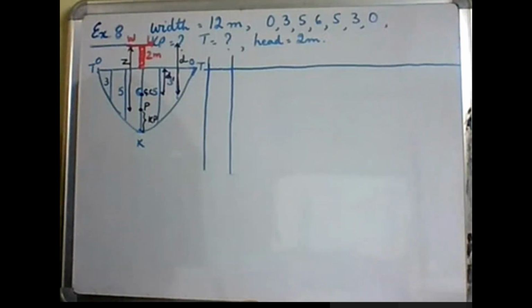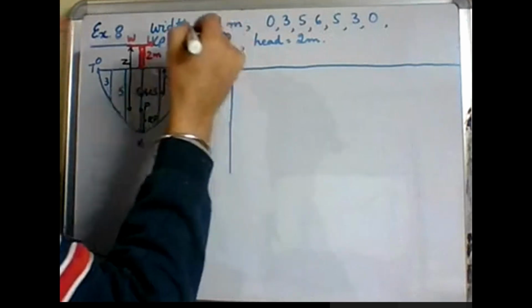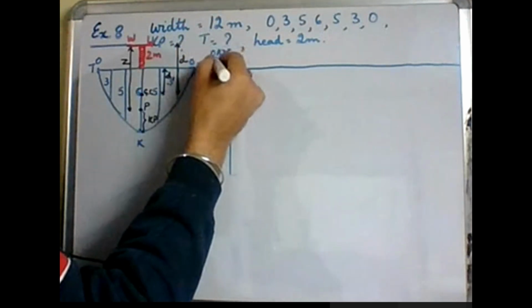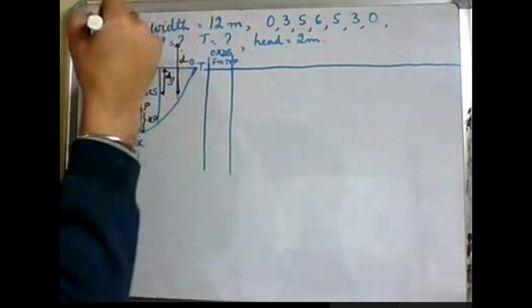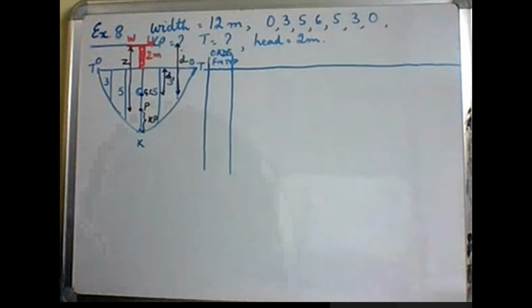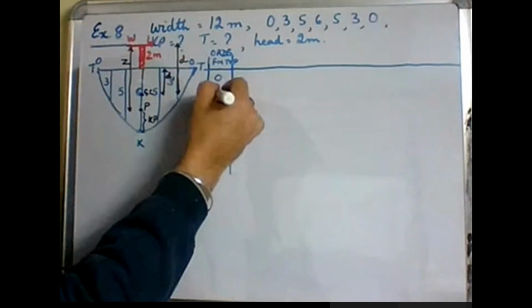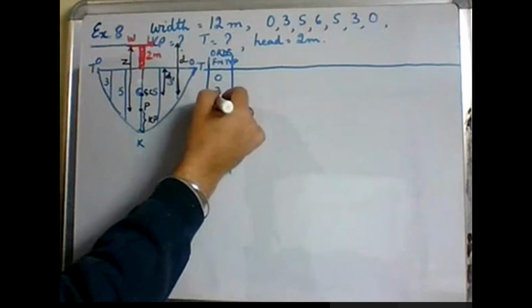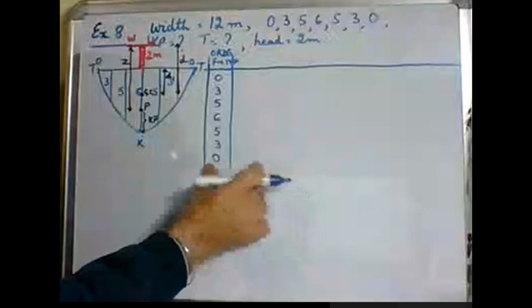Ordinate. Coordinates from top. Coordinates are measured from top. Same order as the question: 0, 3, 5, 6, 5, 3, 0.